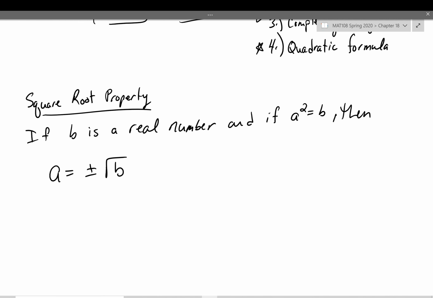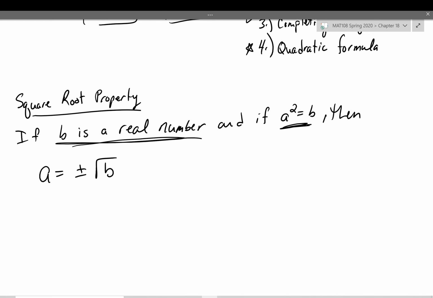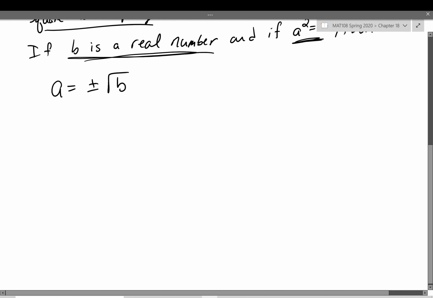So first we need to make sure we have a real number, and a number squared has to equal that number we're concerned with, letter b. If we have those two things, then we can rewrite our problem as a equals plus or minus the square root of b. Let me show you what I mean here.